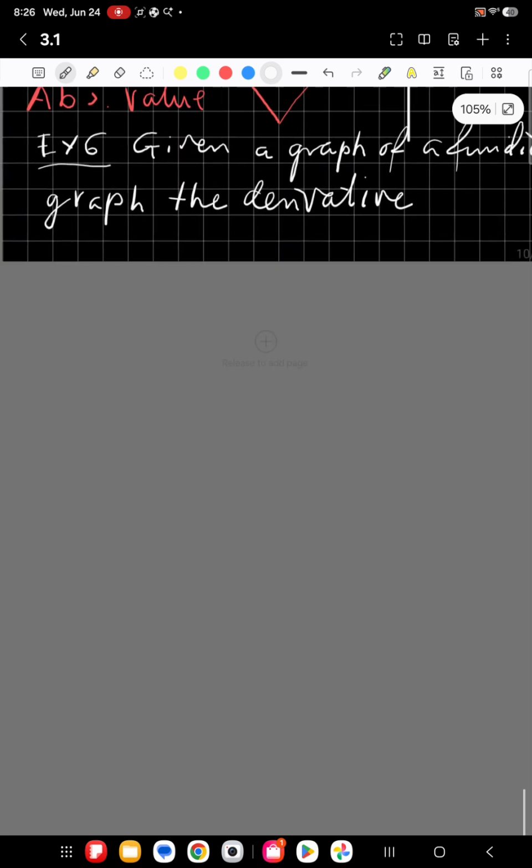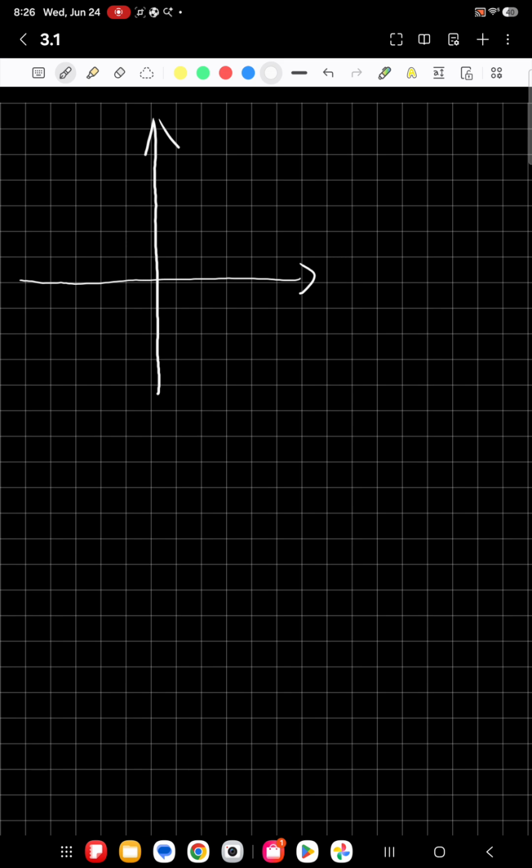All right. So here is the graph of the function. Okay, so it looks something like this.